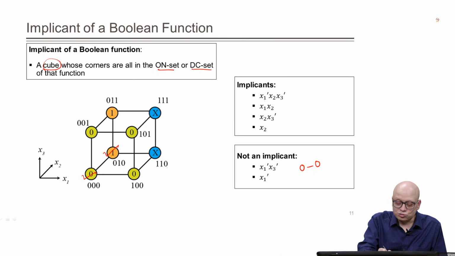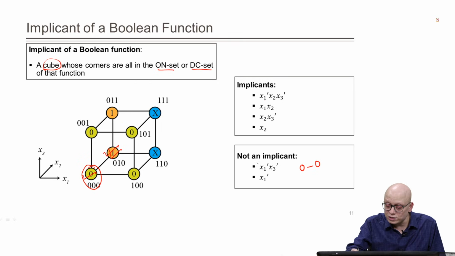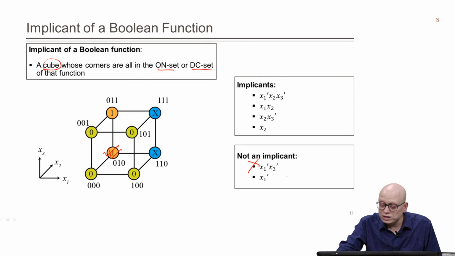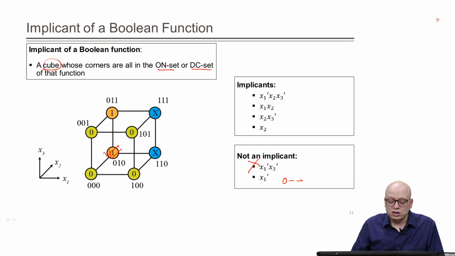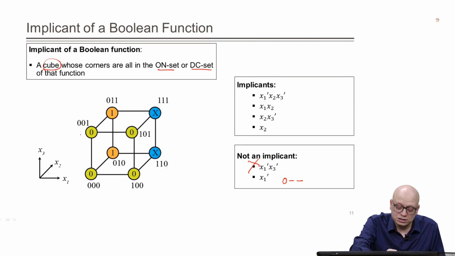This corner is okay, it is still in the onset, but this one is in the offset, and therefore, it is intersecting with the offset, and therefore, this is not an implicant. Now, what about x1 bar? It means that x1 takes a value of 0, x2 can take any value, x3 can take any value, right. So, it represents these corners.